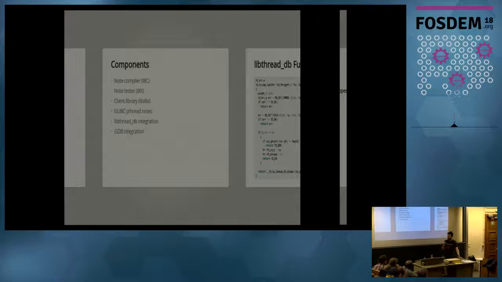So I can't think of an application that could support libthreaddb as it is without already having all this stuff. So any other stuff is extra or at least future.